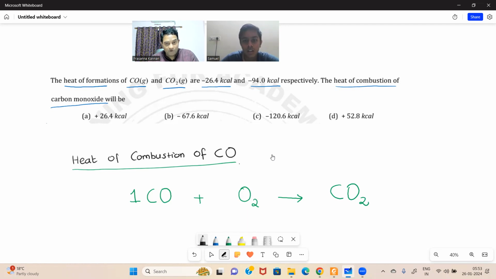Yes. Is the number of oxygen atoms balanced? No. What do I need to do to balance it? Look at the board and tell me. No need to solve, right? It's a very simple stuff.